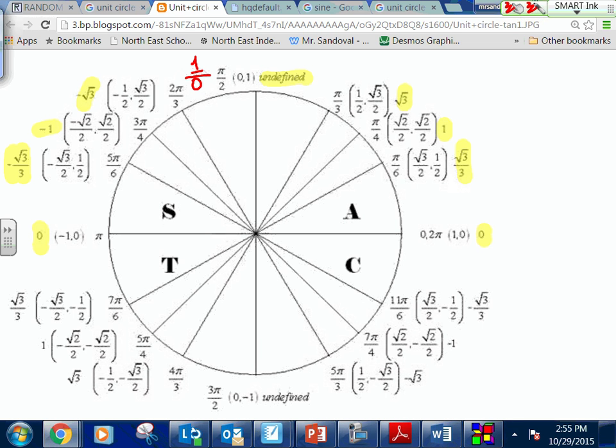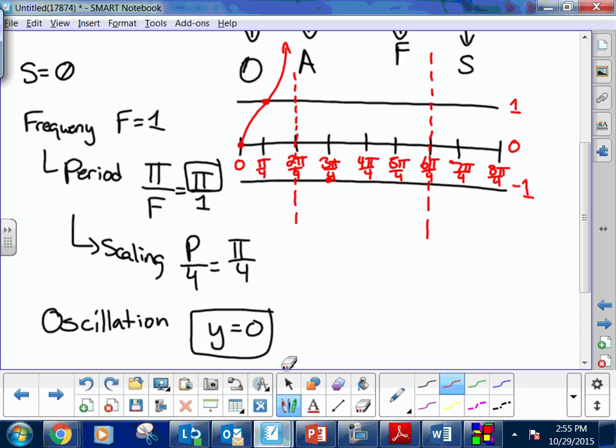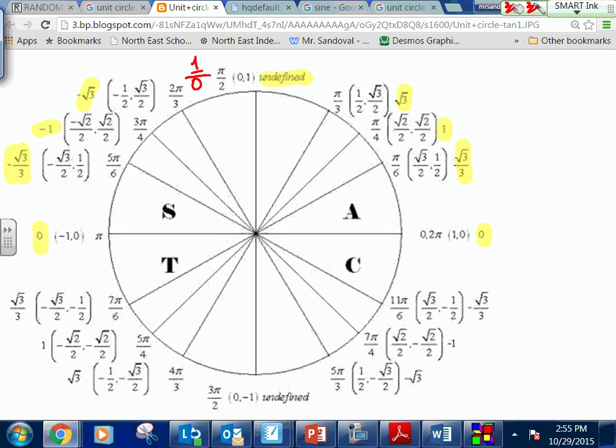We actually completed a cycle once we hit the pi, and all the values are going to repeat, which means that this will be 0. It's kind of like I'm starting here. The next value will be 1. And we could actually reference back to the unit circle. Like if you're not exactly sure if that would be 1, let's go back to it. You'll see it says 1 there.